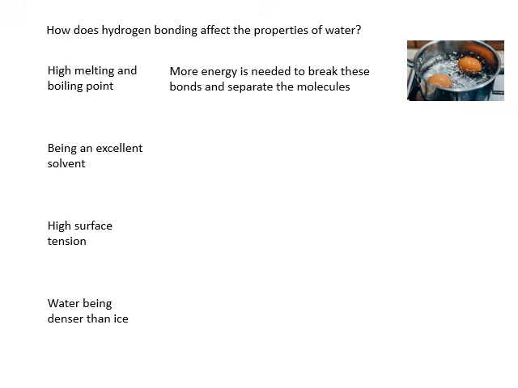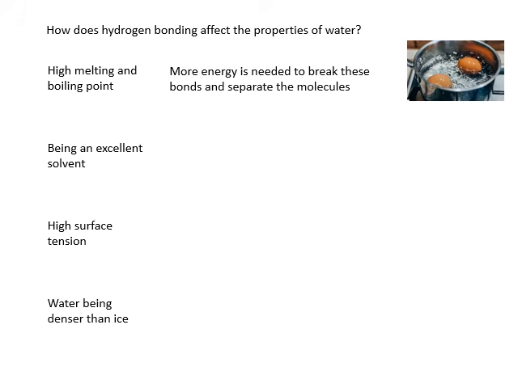Because to make it into a gas, or to go from a solid to a liquid, you're going to need energy to break the hydrogen bonds. That means it's going to have a high melting point to go from ice to water, and a high boiling point. In fact, if it wasn't for hydrogen bonds, then at room temperature, which is about 20 degrees, water would actually be a gas.